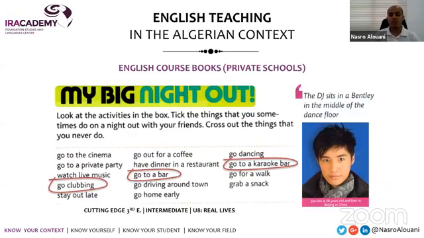The next example is from the intermediate book as well, in Unit 8, Real Lives. In this activity, called My Big Night Out, it talks about a night out, a concept that is maybe absent in Algeria.